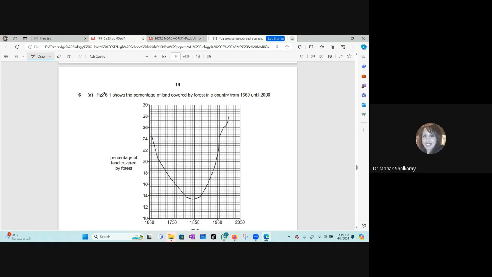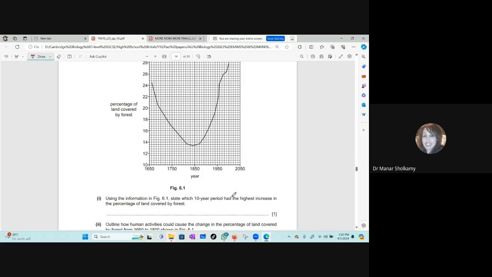Now, this is hopefully the last question. This figure shows the percentage of land covered by forest in a country from 1660 till 2000. This is ecology. Using the information, state which 10-year period had the highest increase in the percentage of land covered by forest. So you look at the graph.